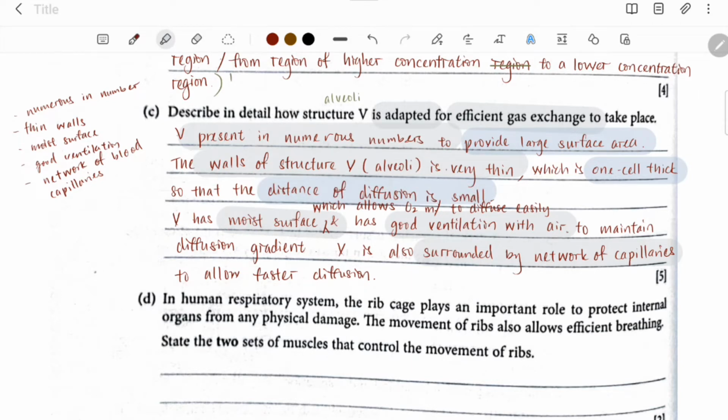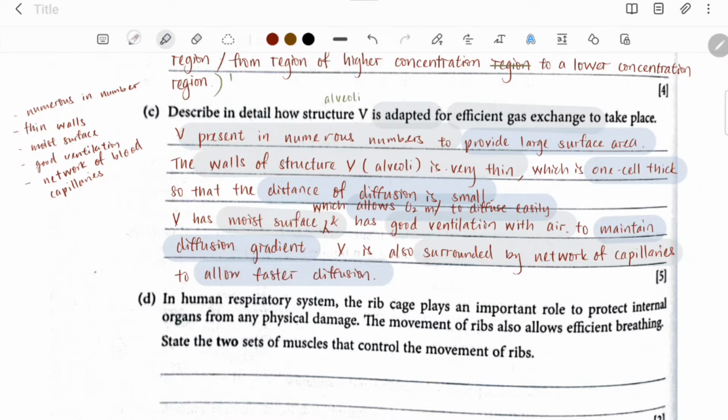Moist surface allows the oxygen molecules, the gas molecules, to diffuse easily. Good ventilation with air is to maintain the diffusion gradient. Surrounded by network of capillaries allows faster diffusion.